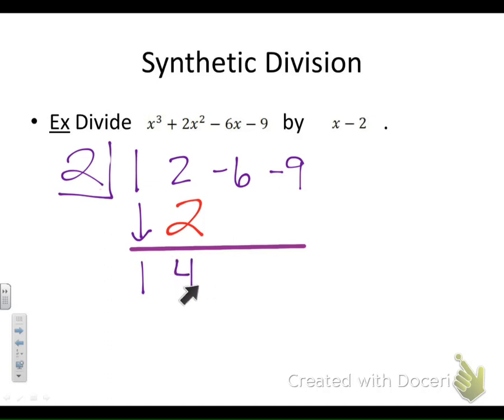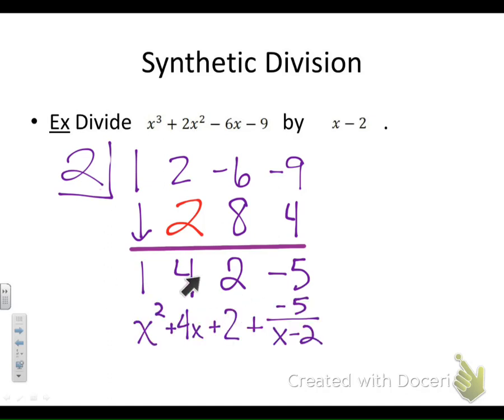I got a new number down here, so I'm going to multiply by the number in the box and write it below the next term. And then add. Notice how I just multiplied? Now I'm going to add. Adding -6 and 8, I get a 2. I get a new number down here, so I multiply, then add. Take 2 times the number here, write it below the next term, and add.